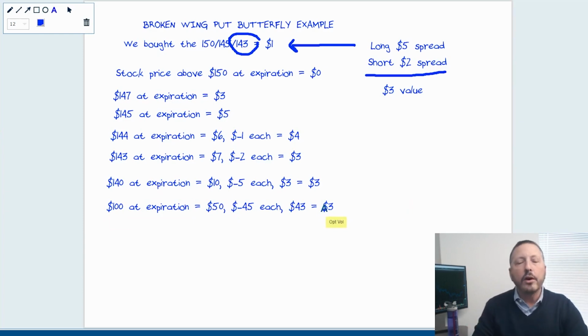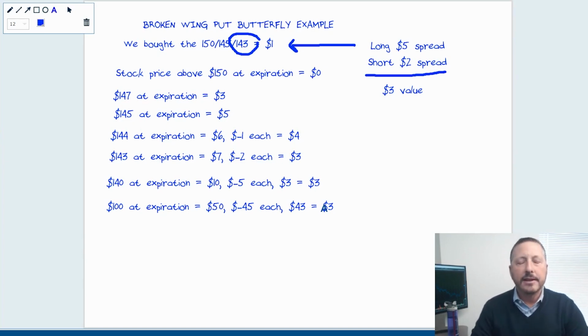So what a broken wing butterfly does, costs a little bit more. We still look for the stock to move to the short strike. But what it does is on a move further beyond the end strike, we still make money, whereas in a regular butterfly, we don't. That's why a broken wing put or call butterfly, either way, costs more than a regular butterfly.